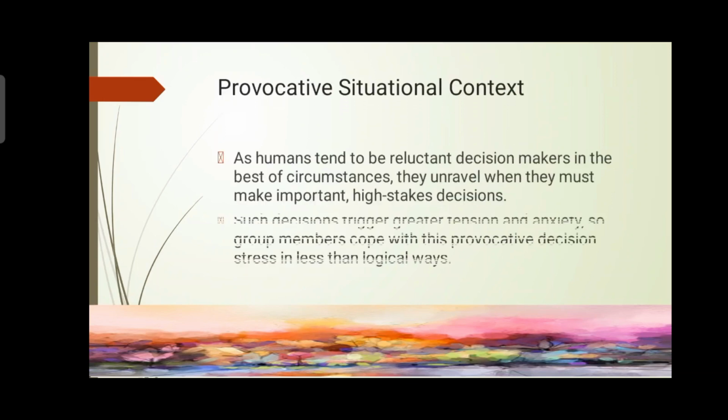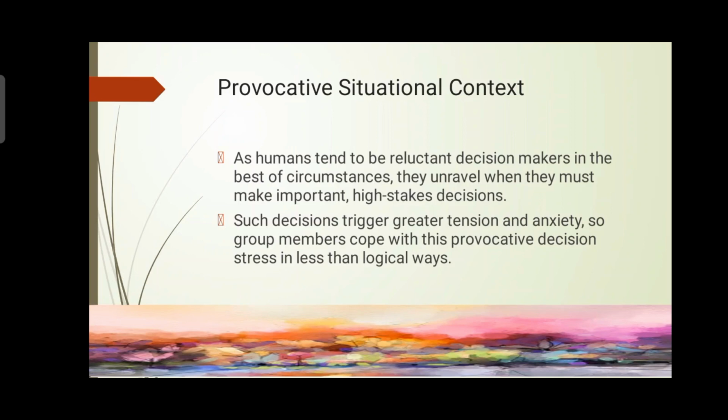And the third one is the provocative situational context. A number of provocative situational factors may push groups in the direction of error rather than accuracy. As humans tend to be reluctant decision makers in the best of circumstances, they unravel when they must make important, high-stakes decisions, as such decisions trigger greater tension and anxiety.